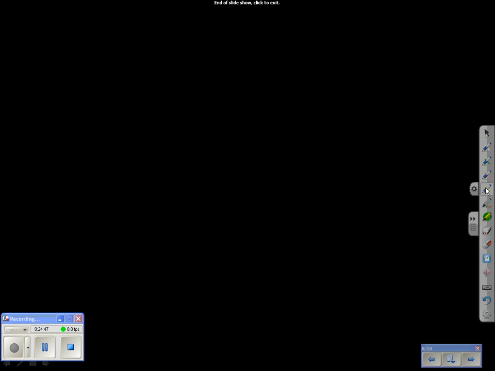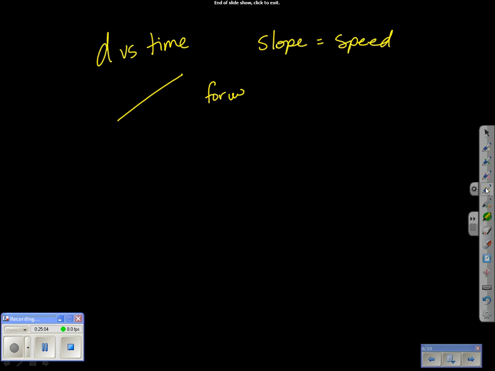I will remind you, distance versus time graphs. Slope of the line is speed. Anything positive slope is going to be forward motion.